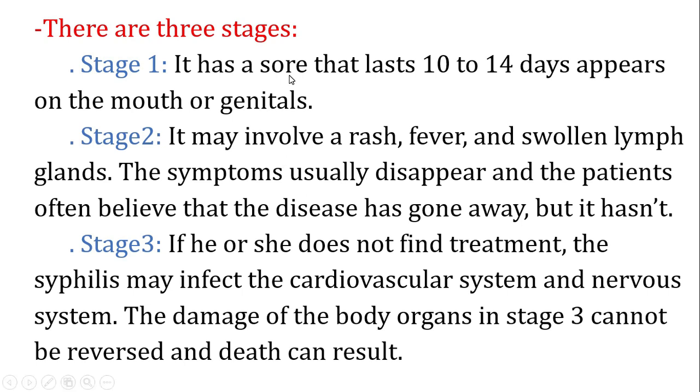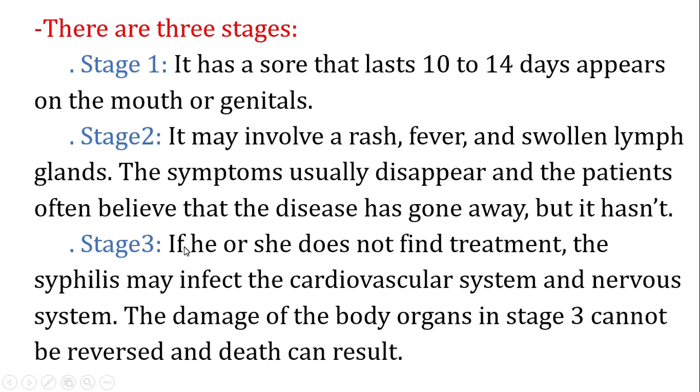Stage 1, it has a sore that lasts 10 to 14 days, here on the mouth or genitals. Stage 2, it may involve a rash, fever, and swollen lymph glands, and the symptoms usually disappear, and the patient often believes that the disease has gone away, but it hasn't. Sometimes the patient feels like the disease has gone away, so they don't care, and it's so dangerous. It can spread to other people.